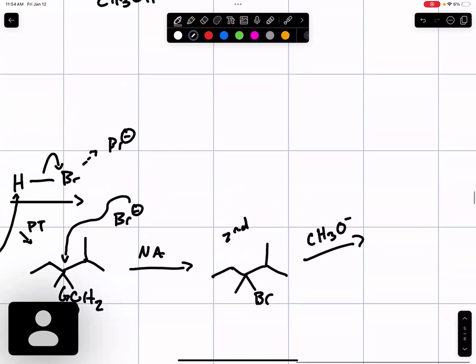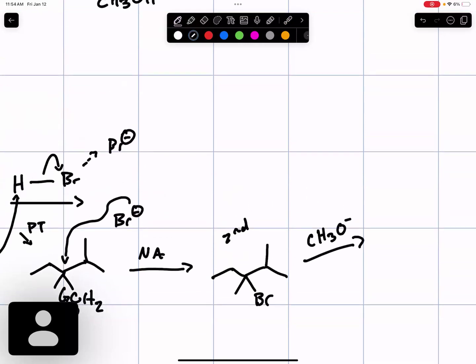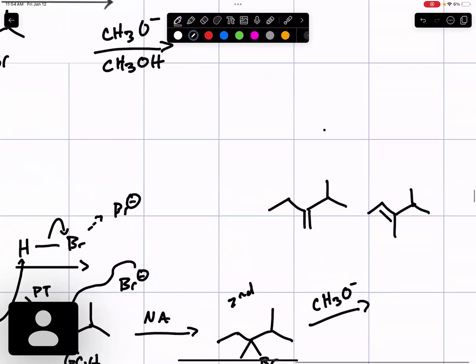So we have an argument. Is it this alkene, this alkene, or this alkene?